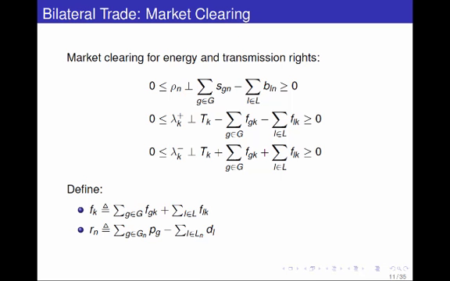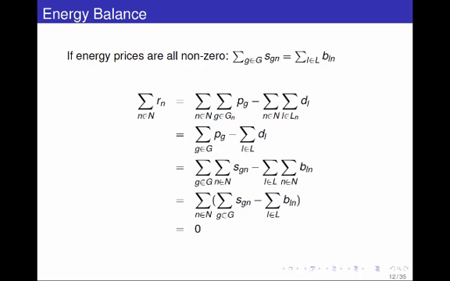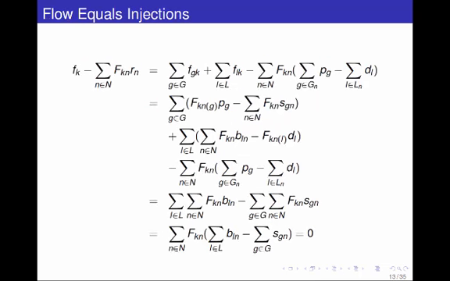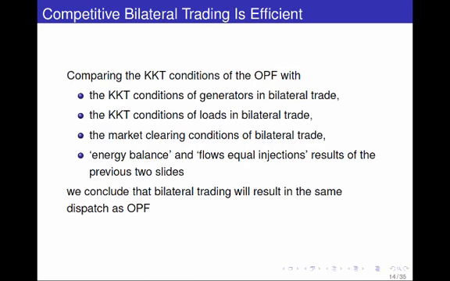And if you go through the KKT conditions of the market, you will see that this F behaves like the S variable of the OPF problem, the R behaves like the R variable of the OPF problem. So basically, the optimal solution you're going to get from the bilateral trading model will be identical to the optimal solution you will get from the OPF problem. The details are here and in the textbook, but since we're kind of behind, I won't go through them in detail.